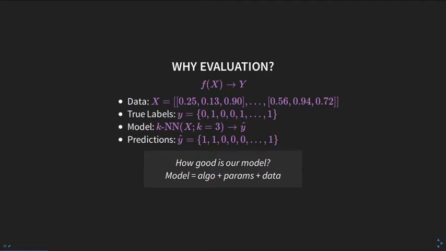So over the years, people have come up with these metrics to show different interesting aspects of our predictions compared to our original values. And note here that our model is our algorithm with our parameter settings trained on data. That is what we refer to as a model.